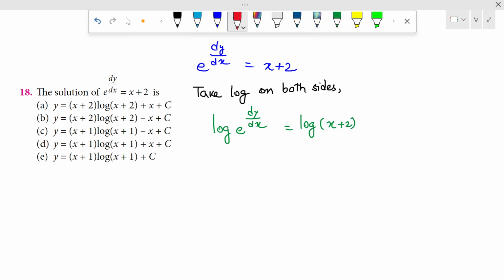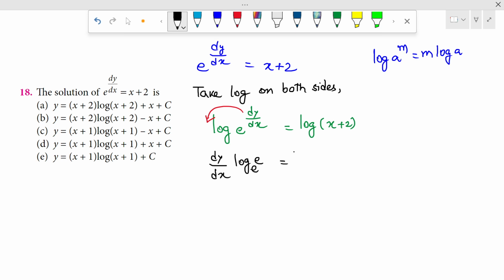Now over here, from the property of log, log a to the power m is the same as m log a. Dy by dx will come here, and then we are left with log e to the base e, right?